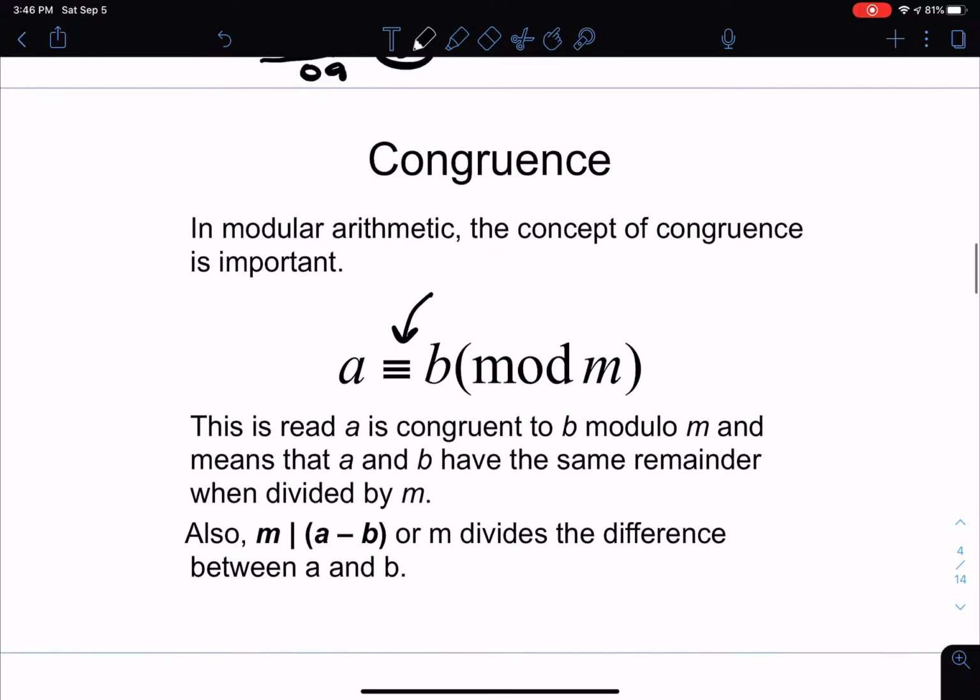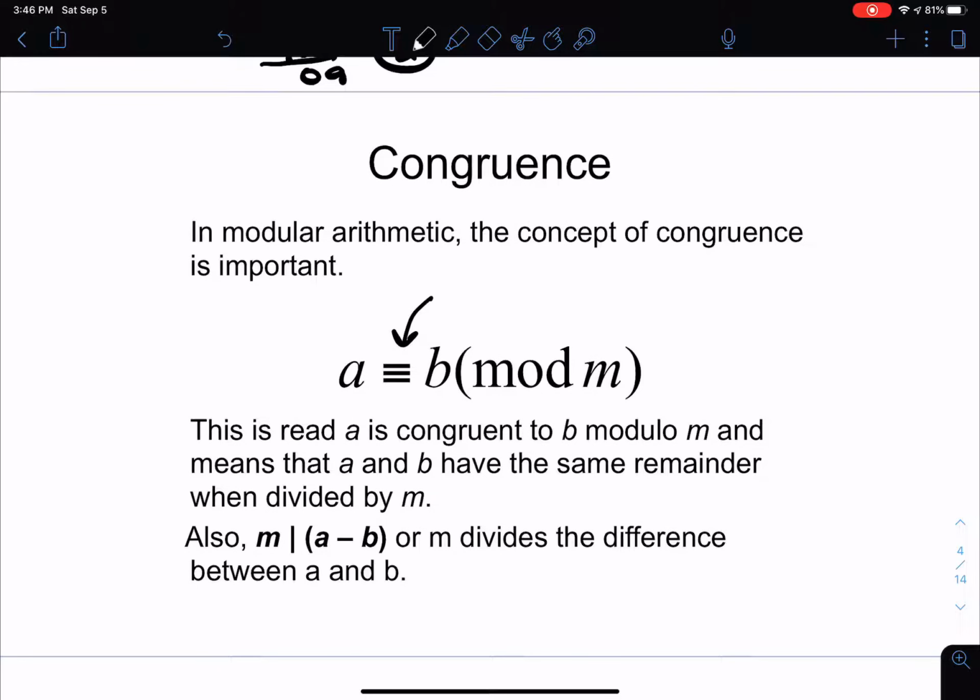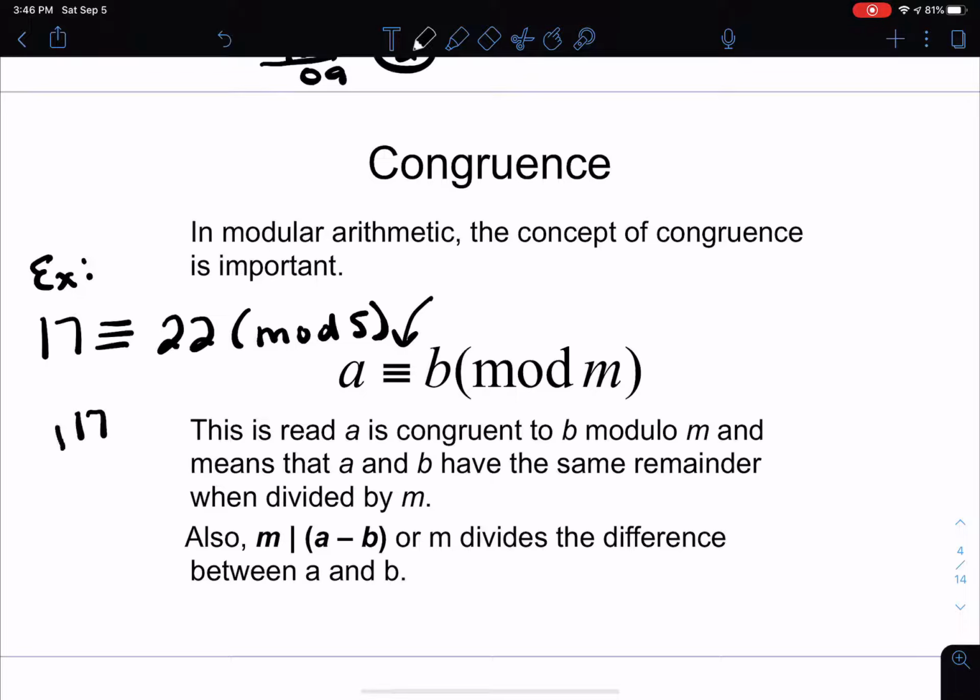So an example, well, let me go back up here for just a second. In this slide, an example of something that would be true: you could say that 17 is congruent to 22 mod 5. Because if you divide 17 by 5, you get a remainder of 2.